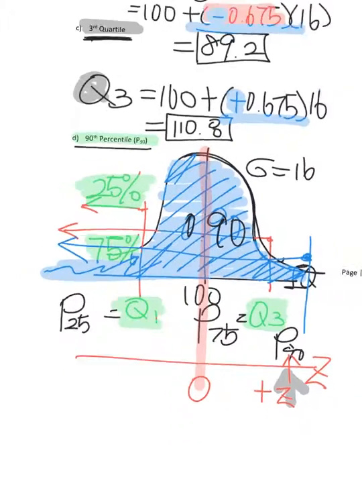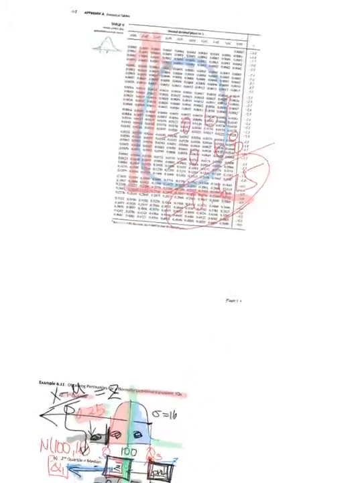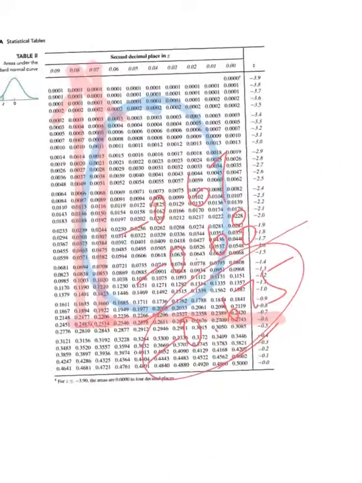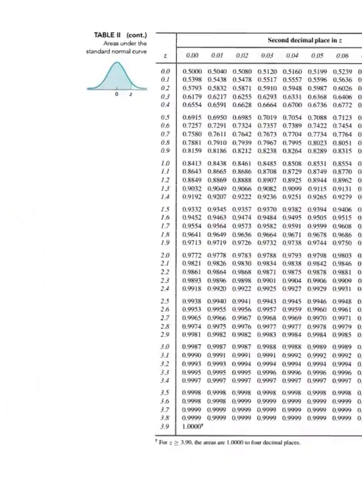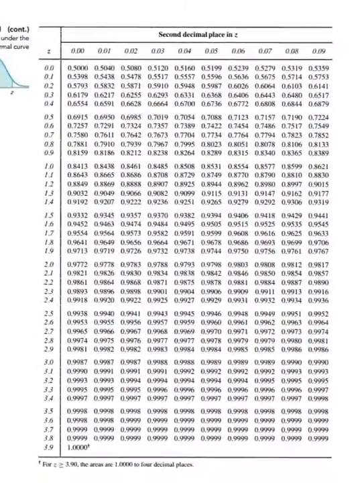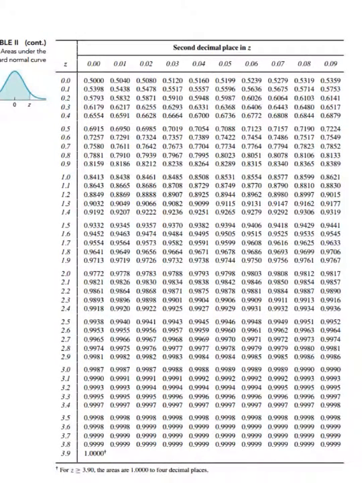Then now I have to go to the, it was the negative z-table, and now we have to go to the positive z-table. And what was the probability? 0.9. So where is the 0.9? Let me see.